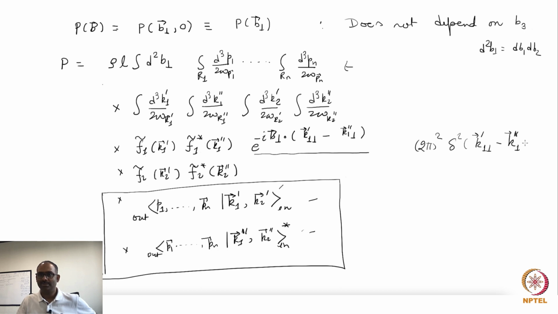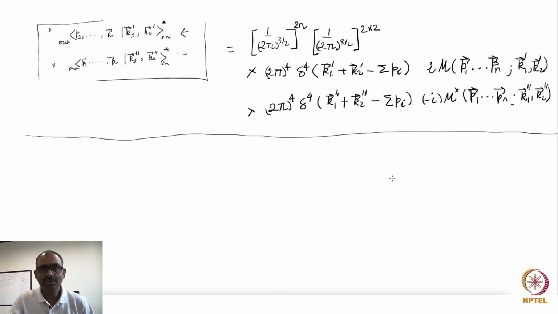Perp is short for perpendicular. So this will give you this delta function. In addition to these 8 delta functions, I will then have 2 more delta functions.